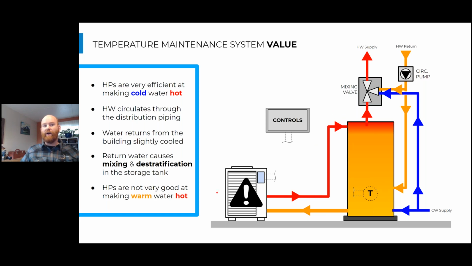If it's cold outside, it becomes a more challenging point because there's less heat for that heat pump to move into that water. So heat pumps in general are not very good at making that warm water hot. And that is typically the return water coming back warmish from our hot water return or hot water circulation, our temperature maintenance system in the building.